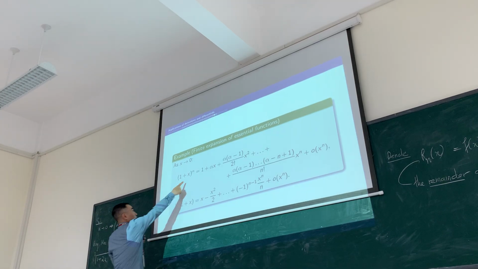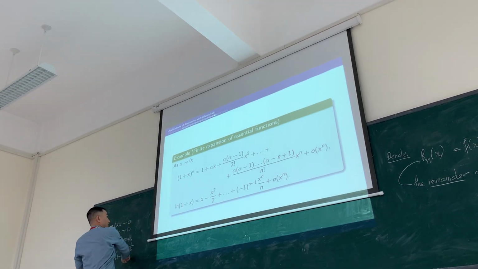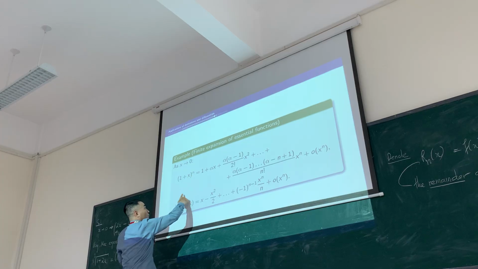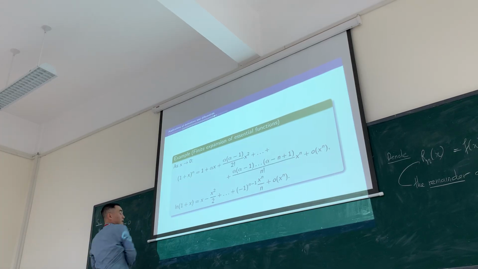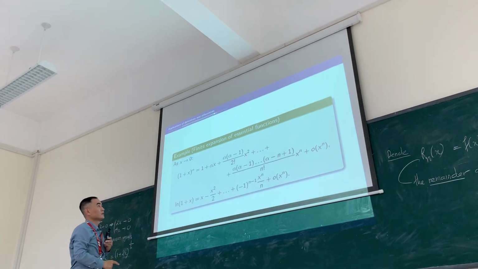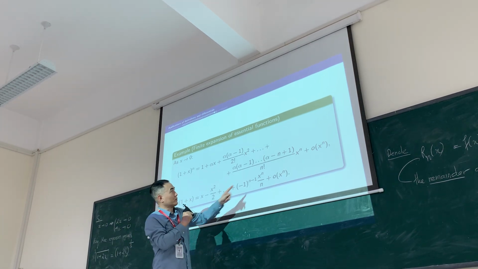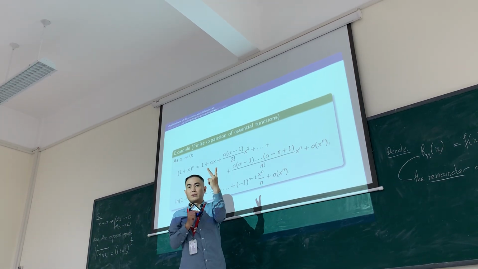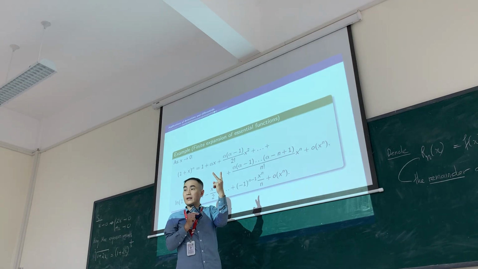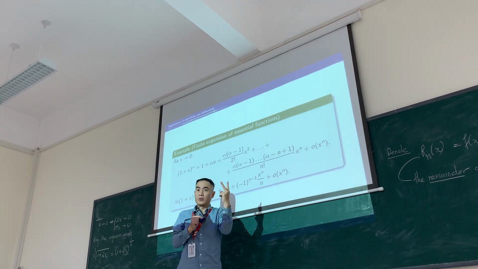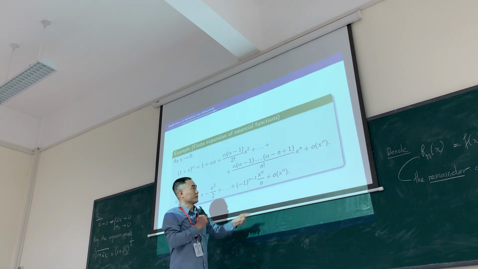Here x you can replace by 2x, and alpha you replace by 1/3. In the formula here we choose n equal to 2.